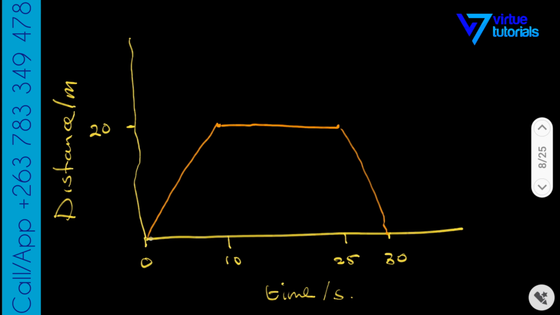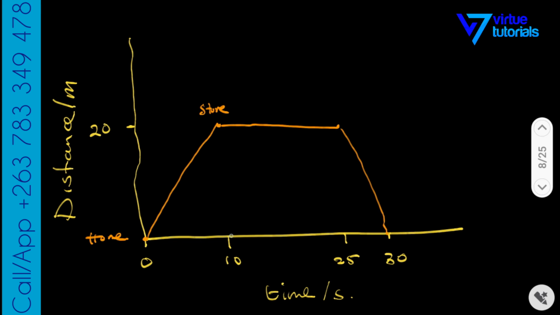We have three sections here. This is the starting point, which could be equivalent to a person being at home. They move away from home to get to the store, and then at some point they move back home. So it's showing how the distance is changing with time.